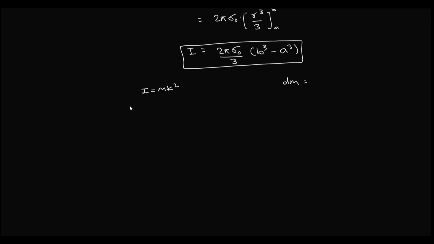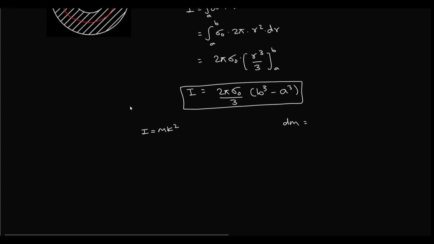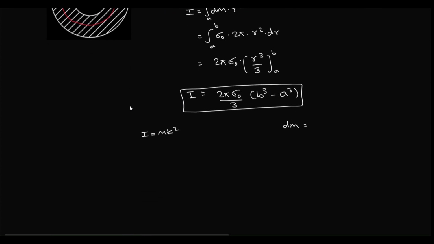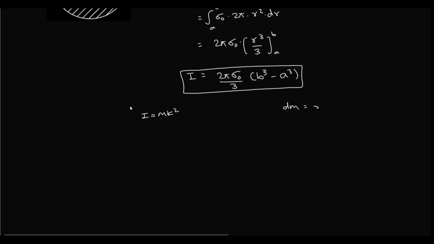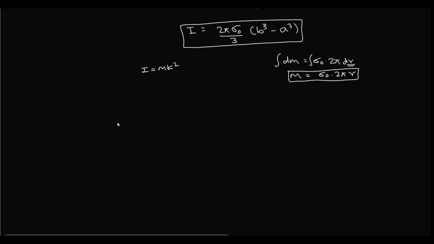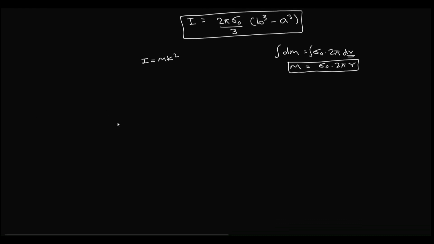That is sigma naught 2 pi dr. We can integrate this to get m, which is sigma naught 2 pi r, because of dr. So now we know m, we know the moment of inertia, we can find our k.